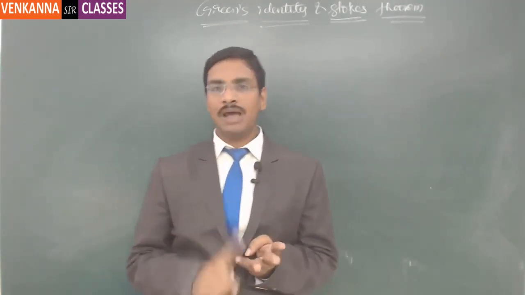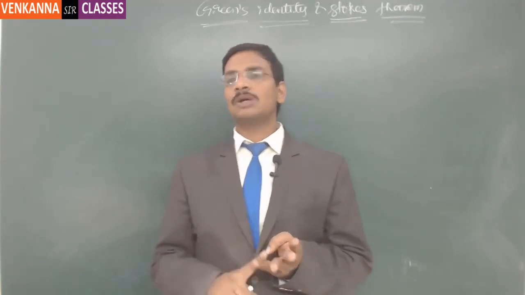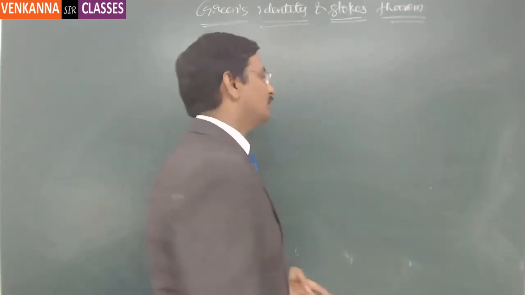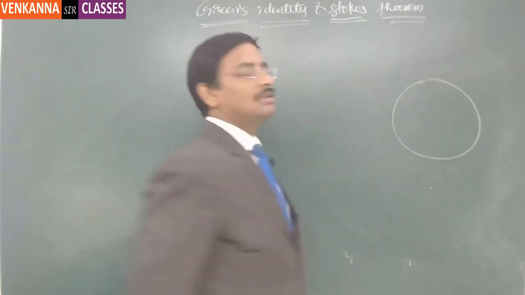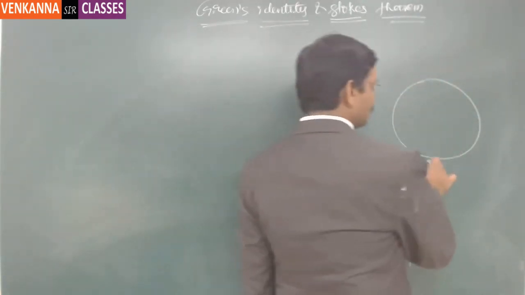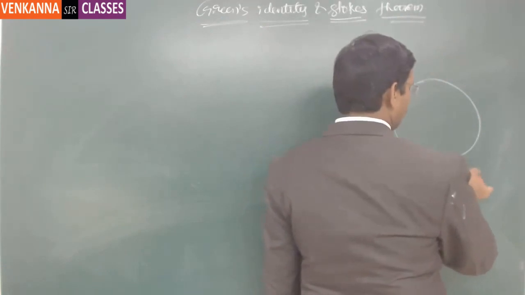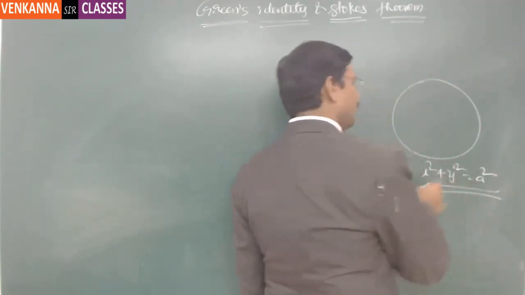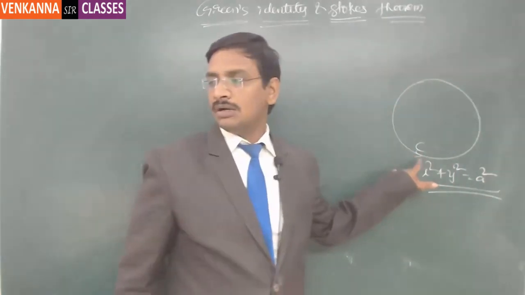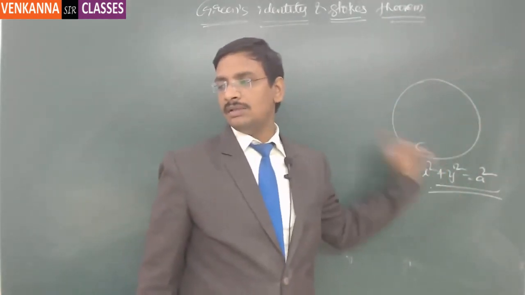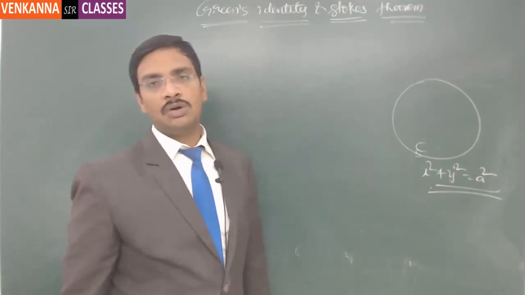If there is a planar surface that is enclosed by a closed contour, let us say a simple case, which is nothing but a circle. So this circle equation, let us say x square plus y square is equal to a square. Now this is a circle. In other words, I call this circle a closed contour C, because wherever we start, we are ending it again. This is what we call a closed contour.